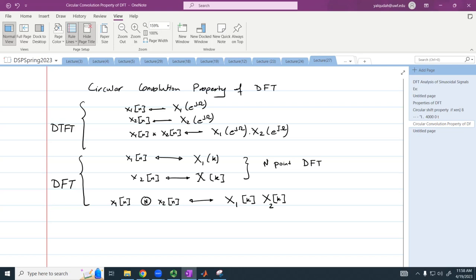Make sense? Everybody? So in the discrete time Fourier transform, if I do convolution in the time domain, it's equal to the multiplication of the discrete time Fourier transforms. In the discrete Fourier transform, if I do circular convolution, the discrete Fourier transform is going to be the multiplication.